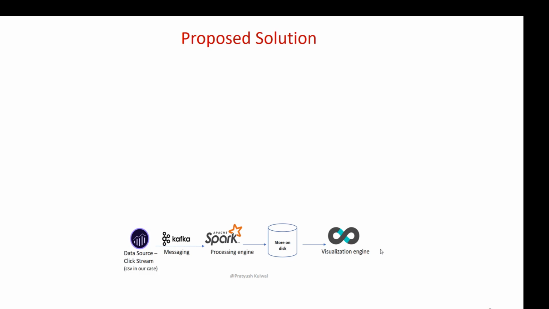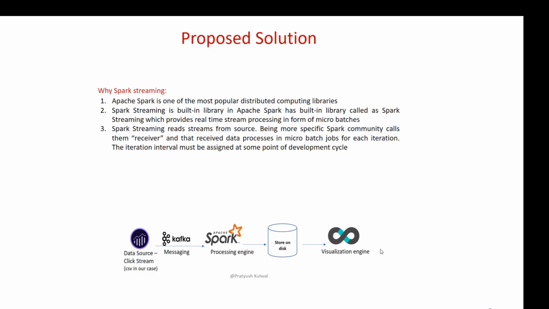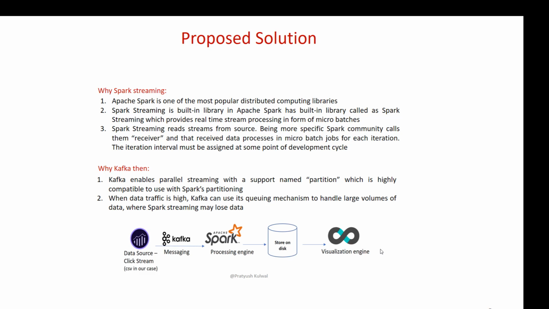So the proposed solution was to use Spark streaming as well as Kafka streaming. Spark has some of the most popular distributed computing libraries, especially the Spark streaming libraries. And for Kafka, the most important thing is the parallelization by using partitioning.